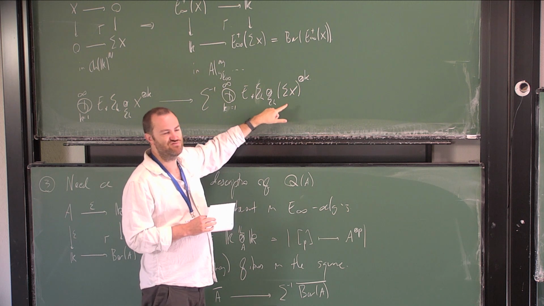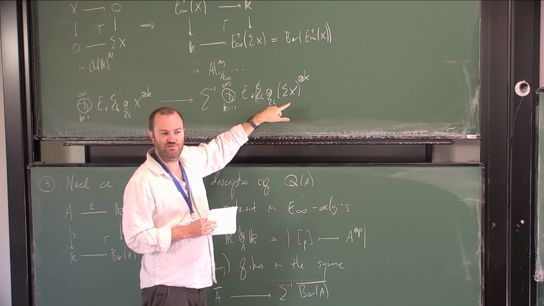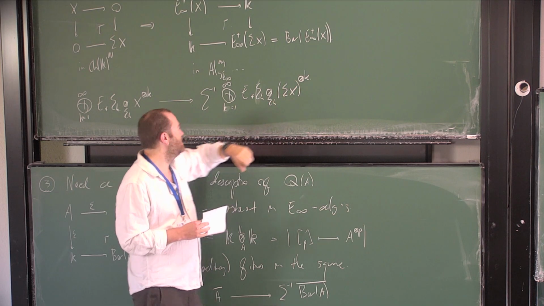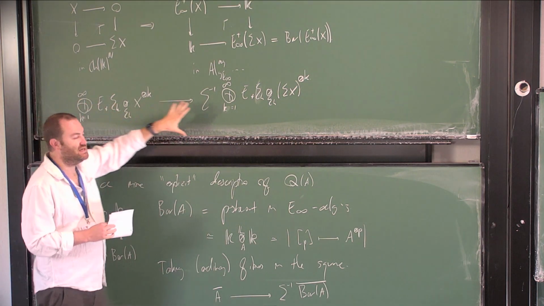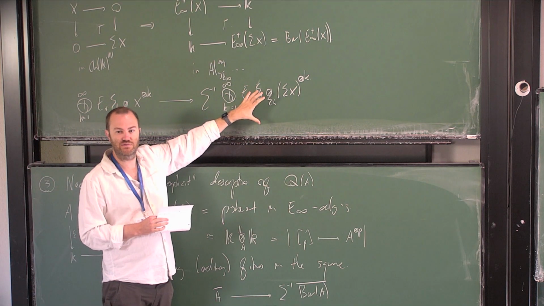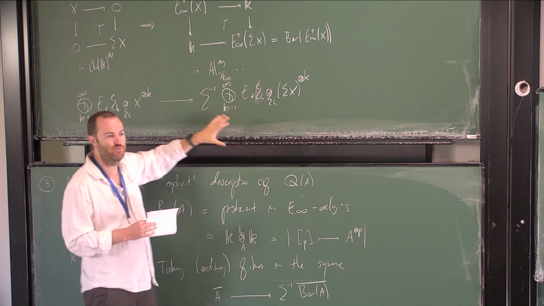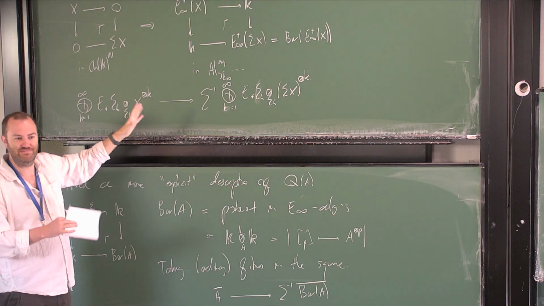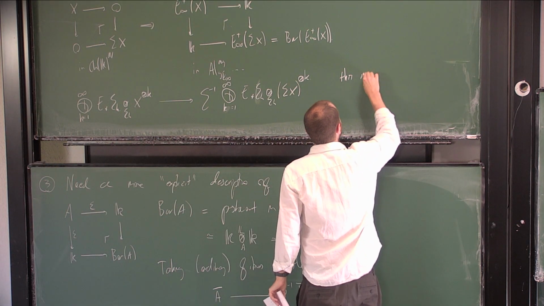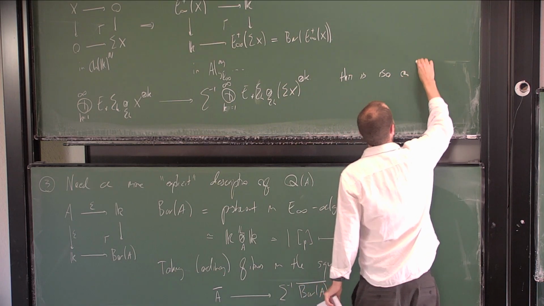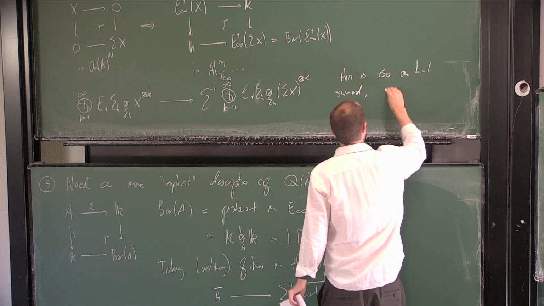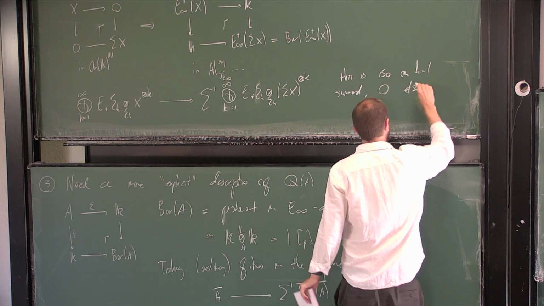And you believe me that there's no reasonable map, no universal map from x squared to its suspension. Probably believe me. And so what this map must be is just projection to the k equals 1 summand, followed by inclusion of the k equals 1 summand. Okay? I hope it's plausible. I mean, I'm not claiming to prove it. This is the identity on the k equals 1 summand and 0 otherwise.